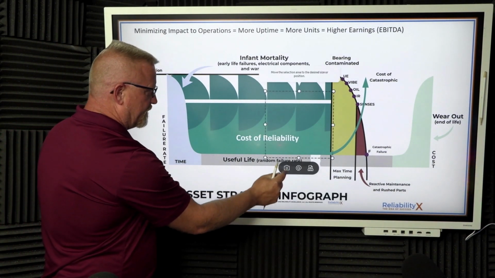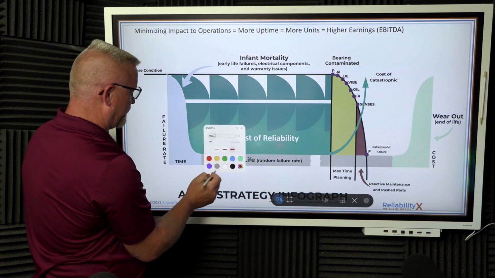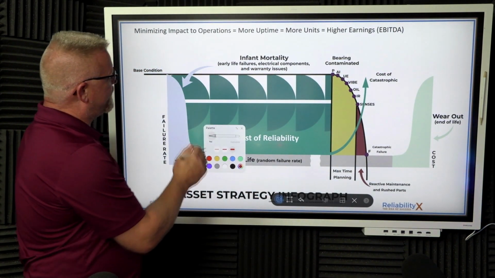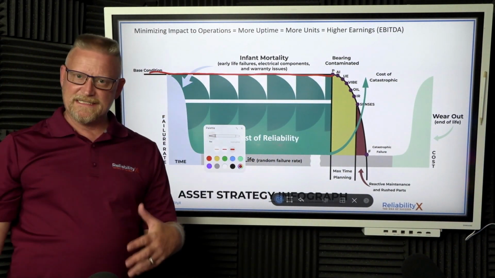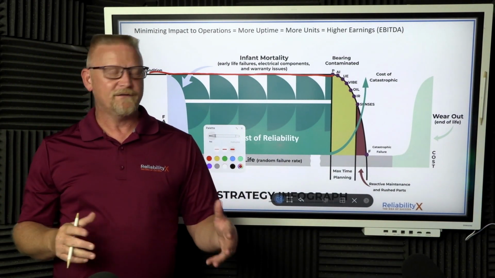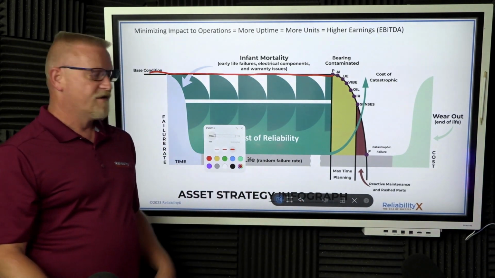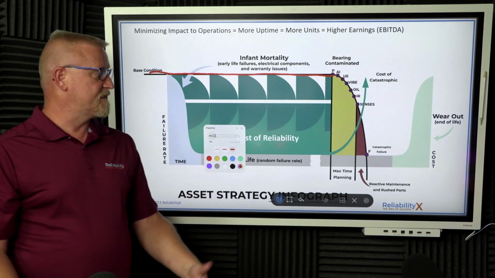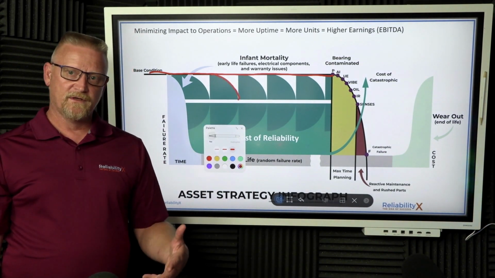So, from a predictive maintenance perspective, we've got our typical base condition of the asset. This is how the asset was shipped, delivered, installed properly, and our expected reliability of the asset. Throughout the asset's life cycle, the asset will deteriorate over time.